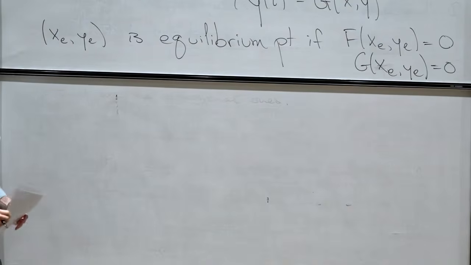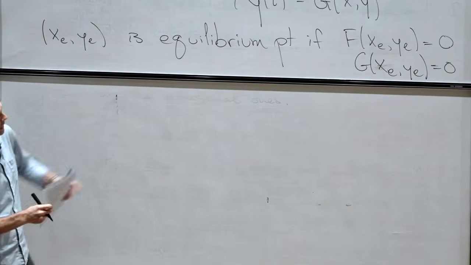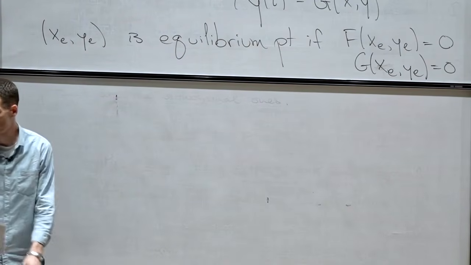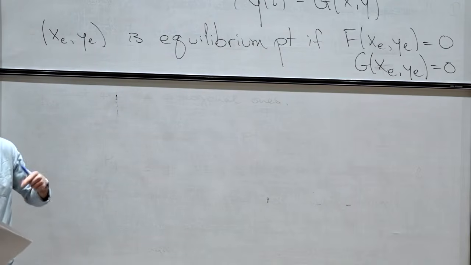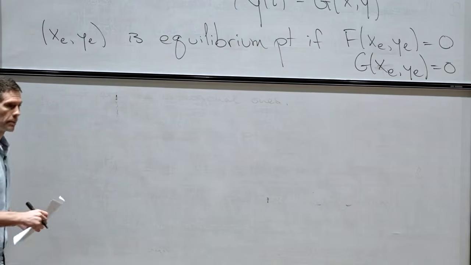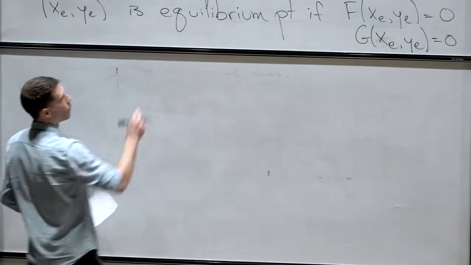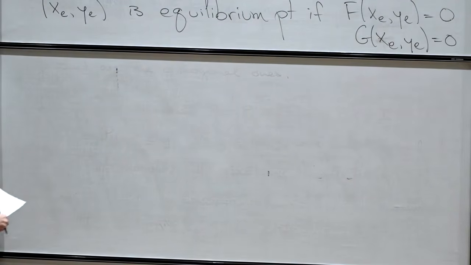And now we're going to do the same conceptual thing. At that point nothing happens. There's no acceleration, which means if there's no velocity, the system just stays there. And so I want to perturb a little bit from that point and ask what that perturbation looks like.